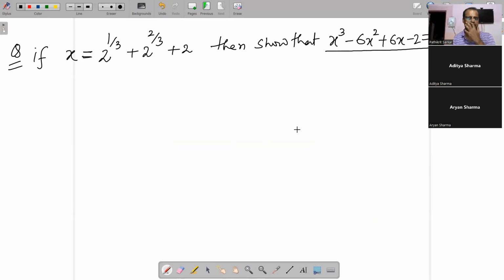That means this is given, x is equal to 2 to the power 1/3 plus 2 to the power 2/3 plus 2. Then you have to prove these things.